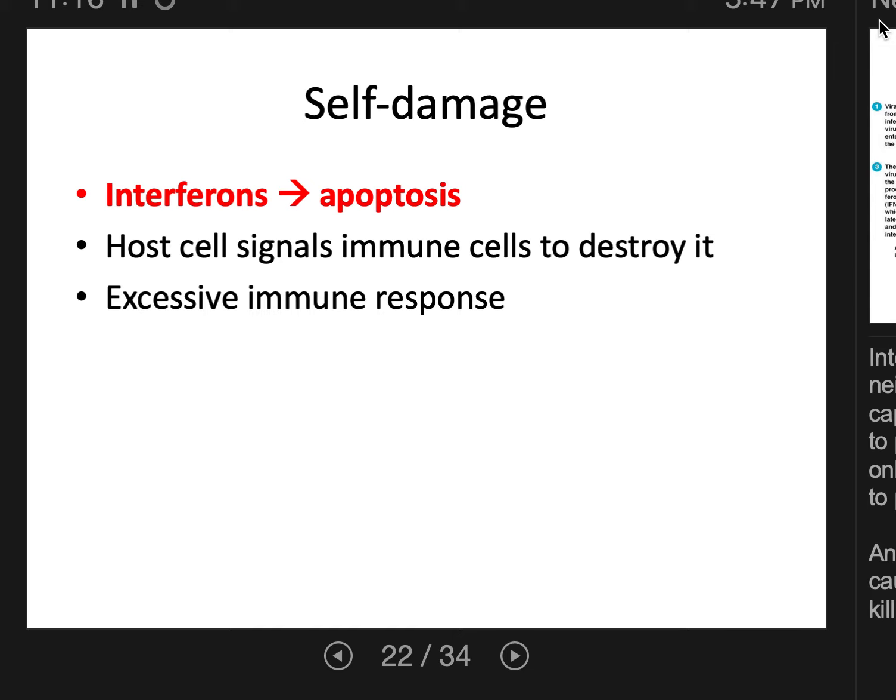Because proteins are the little robots that keep everything going, that keep life running in the cell. So this is an act of self-destruction by an infected cell to prevent spread of the infection. So obviously this is a defense mechanism that can only work for viruses because bacteria do not need to use the host cell's transcription translation equipment to proliferate.